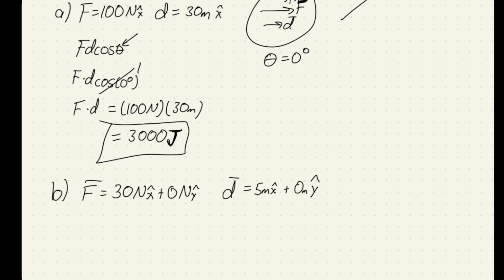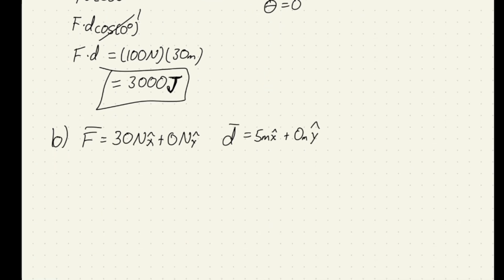Okay, you should have had a chance to work that out. We can think of this as the dot product, or we can think of it as F times D times cosine of theta. But if I look at this, I have two vectors in notation that is just perfect for the dot product. As it turns out, when we dot two vectors together, F dot D, it is equal to the magnitude of F times the magnitude of D times cosine of theta, the angle between those two vectors.